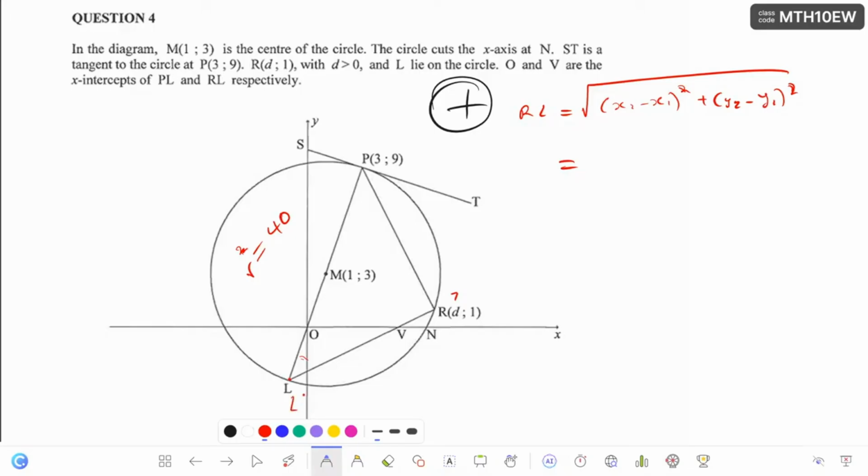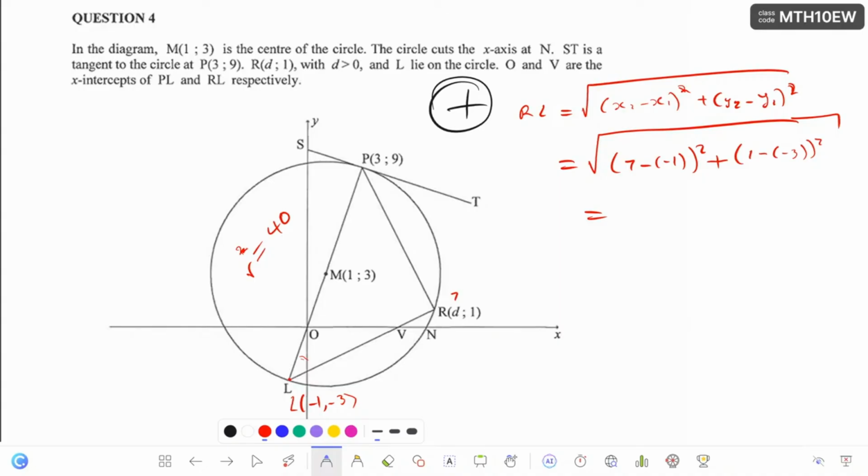We found our L to be (-1, -3). So we need to find the distance between RL. It's going to be (7 - (-1))² + (1 - (-3))². Using a calculator, let me check first.